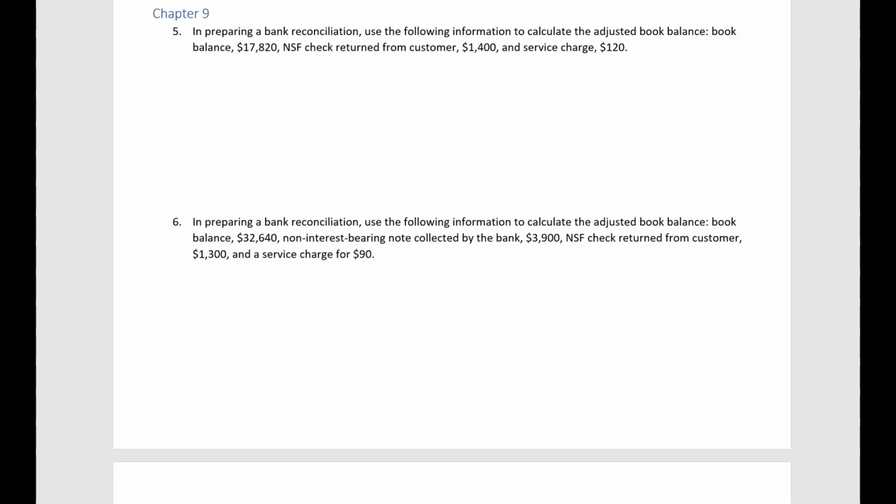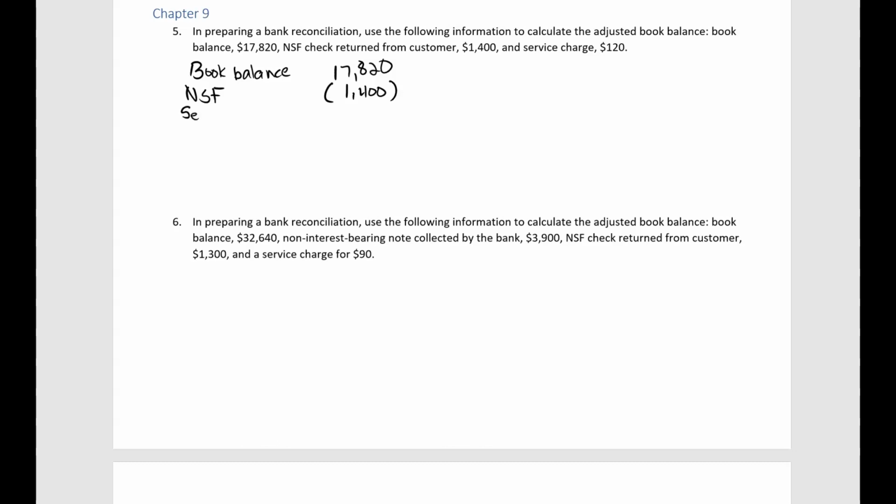Okay, so let's start off with the book balance. This is what we say we have in our account. Now, after we get the bank statement from the bank, we see that there's an NSF check. We had added it to it. This was a deposit for us, but the check bounced, so we have to subtract it from our balance.